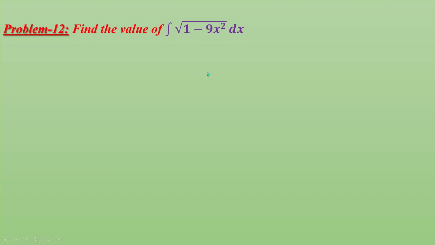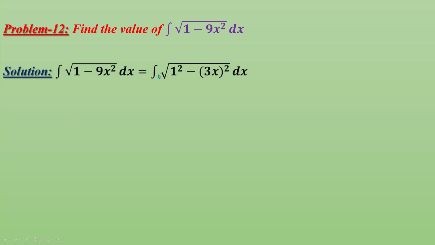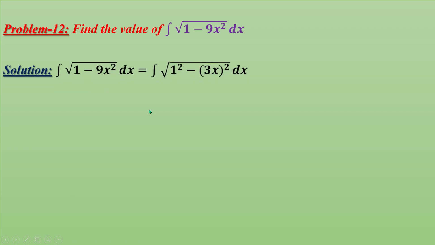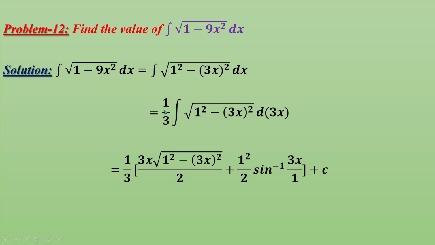Okay, now applying this formula, we can solve this math. Here a square means 1, that is 1 square. So we can write it this way. By applying this formula, we get 1 by 3, x square root over a square minus x square by 2 plus a square by 2 sin inverse x by a plus c.